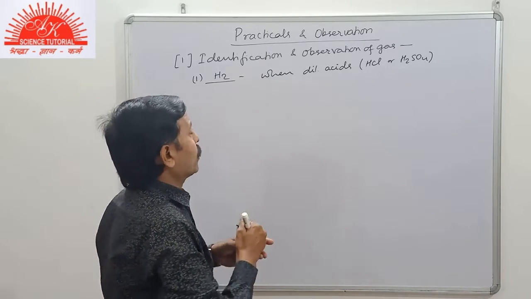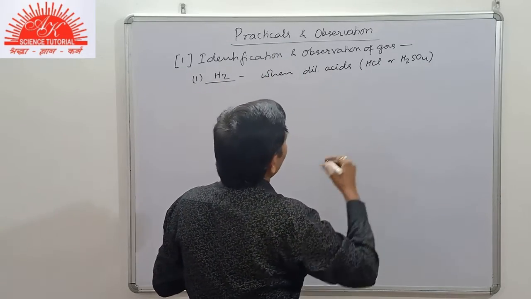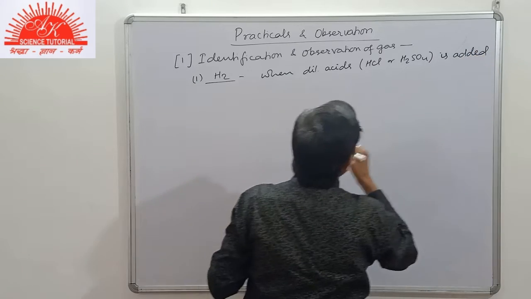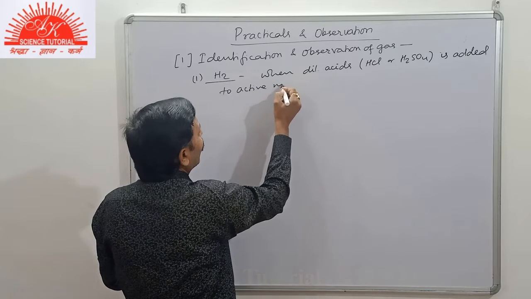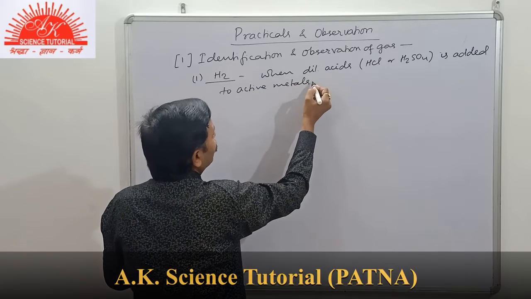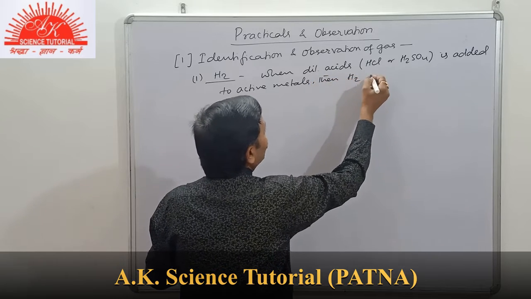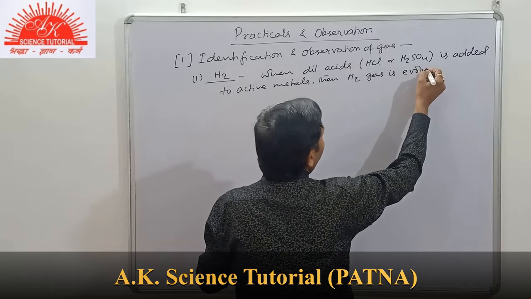So, in that case, when dilute acid is added to active metals, then H2 gas is evolved.